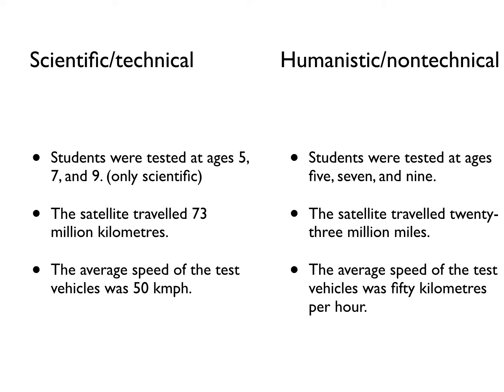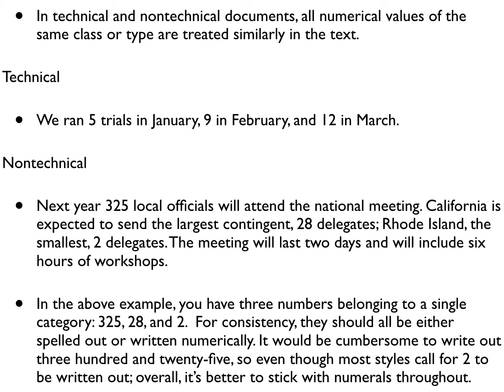And the same goes for using abbreviations and numerals when you're talking about a speed in scientific or technical documents. In technical and non-technical documents, so basically everything, all numerical values of the same class or type are treated similarly in the text. So this is about consistency.